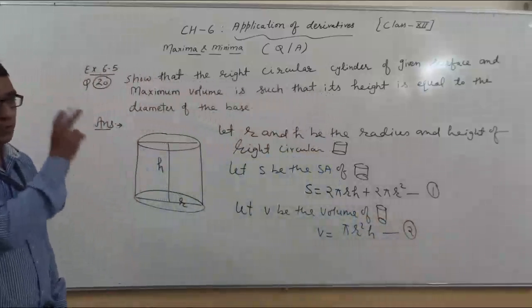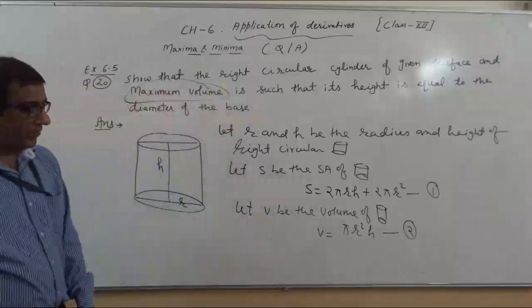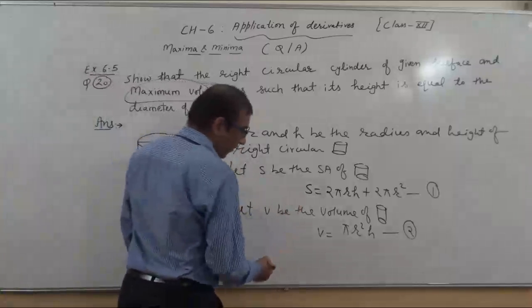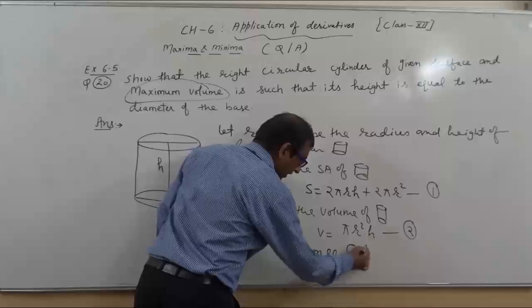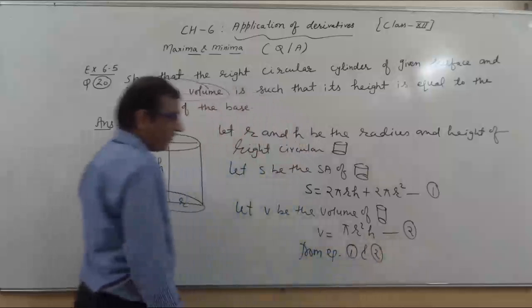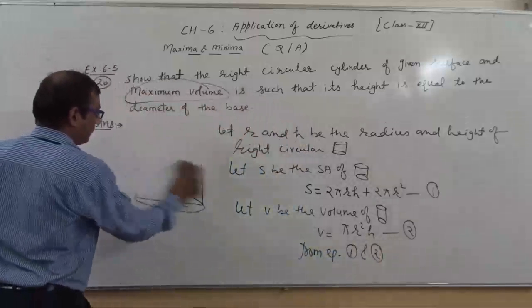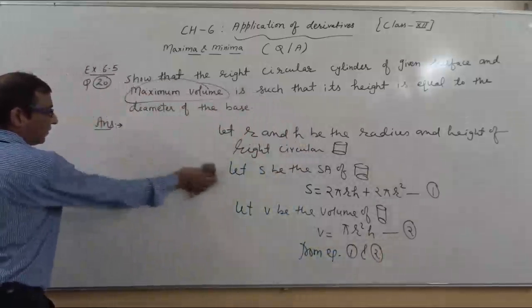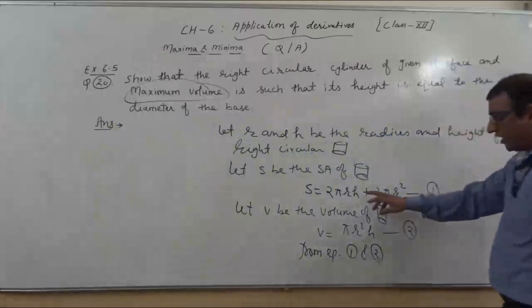Now, with the help of these two equations, we have to show volume is maximum. So, how can we carry forward it? From equation first and second, we will calculate the value of H from equation number first.